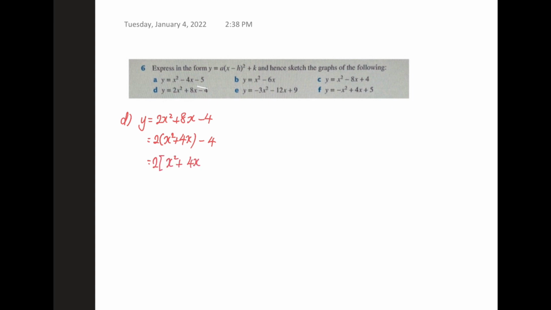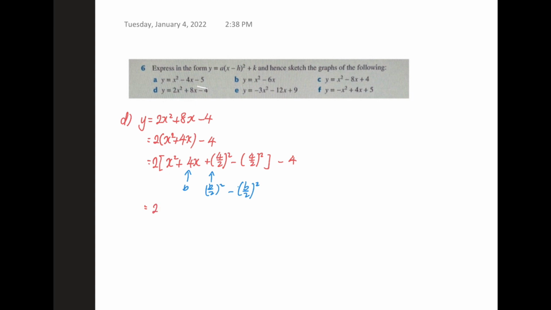First I write back the two terms. Then I have to put b over 2 squared minus b over 2 squared. So we put 4 over 2 squared, 4 over 2 squared, followed by the last term, minus 4.